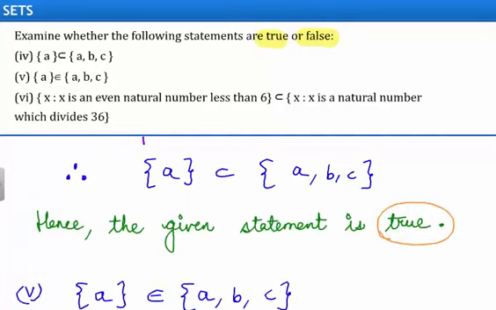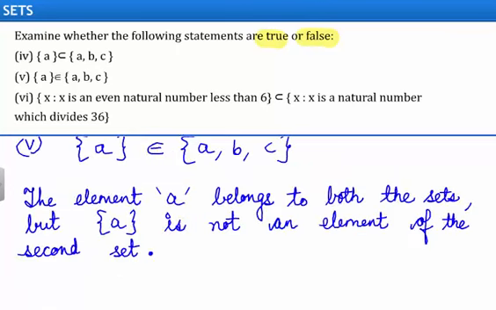In the fifth part, it is given that the set containing the only element A belongs to the set containing the elements A, B and C. Now, we can observe that the element A belongs to both the sets, as we can see here, but the set containing the only element A is not an element of the second set.